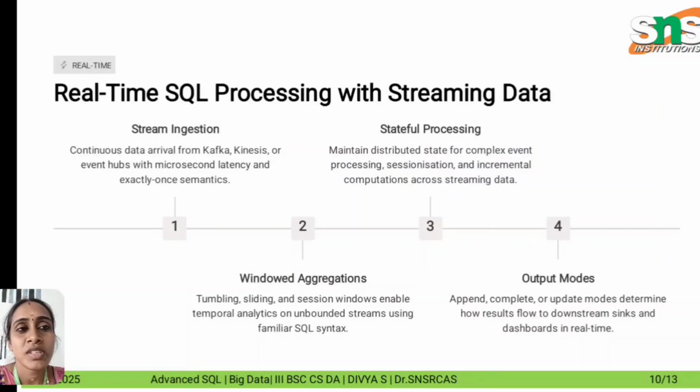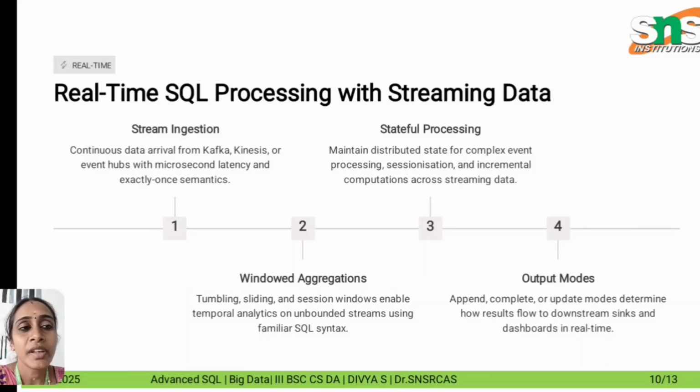Real-time SQL processing with streaming data: stream integration and stateful processing handle continuous data arrival from sources like Event Hub with millisecond latency and exactly-once semantics. Stateful processing maintains distributed state for complex event processing and incremental computation across the streaming data.